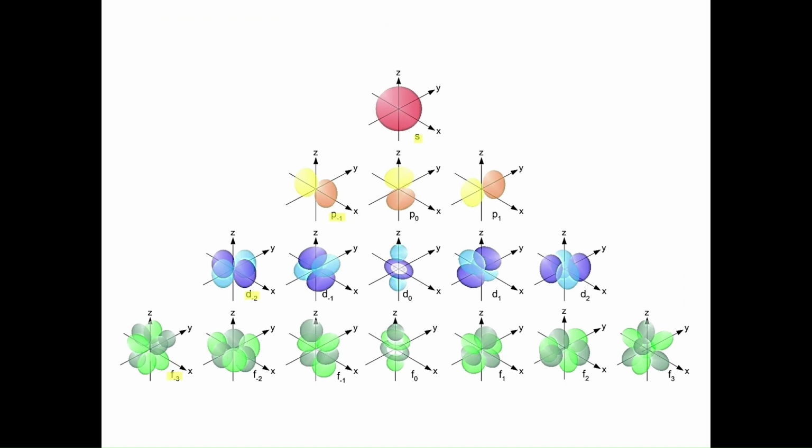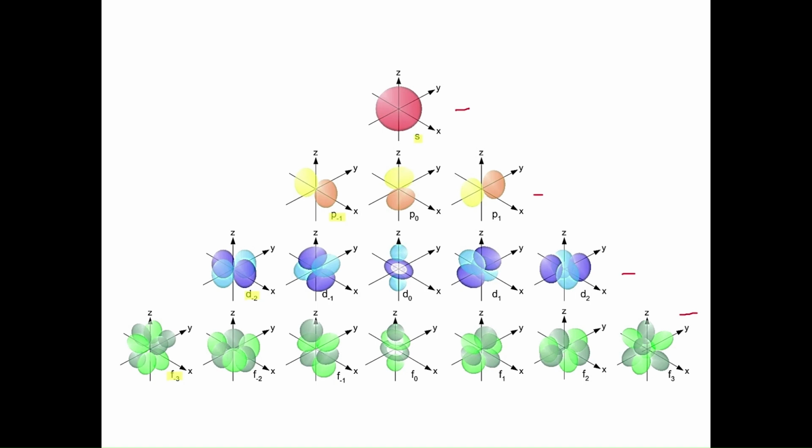It also shows all the orientations for each orbital type. So for L equals 0, you'll have 1 orbital orientation for S. For L equals 1, you'll have 3 orbital orientations for P. For L equals 2, you'll have 5 orbital orientations for D. And for L equals 3, you'll have 7 orbital orientations for F.